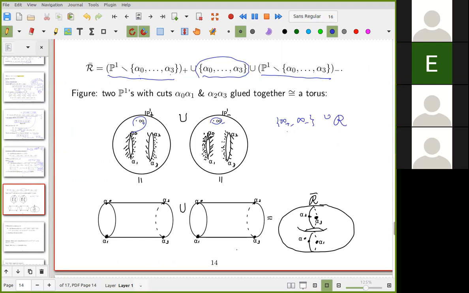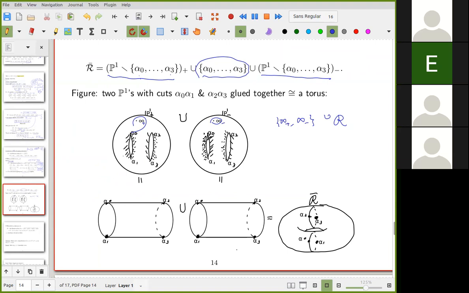And adding infinities first to the sheets C plus and C minus, we will obtain P1 plus and P1 minus. But what is this? This is P1 with two cuts.